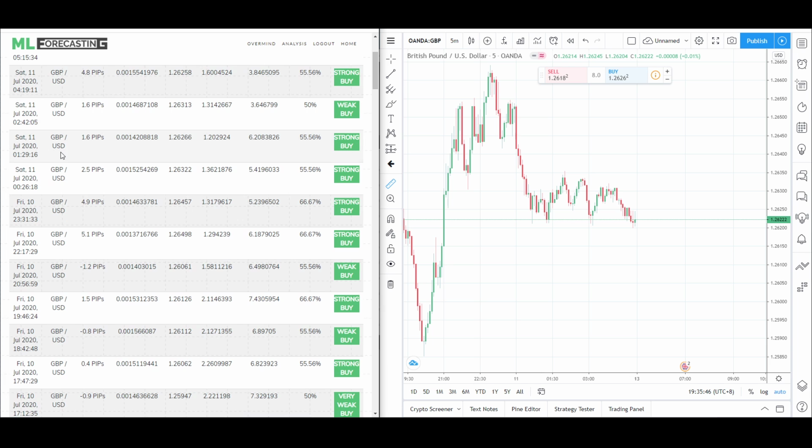But the first signal that we've got a result for, I'd say, will be this one here, coming on the 11th at 26. In fact, no, not that one. The next one, this one here, 23.30. So 23.30 would be at the top here, in which case this is going to be a loser.